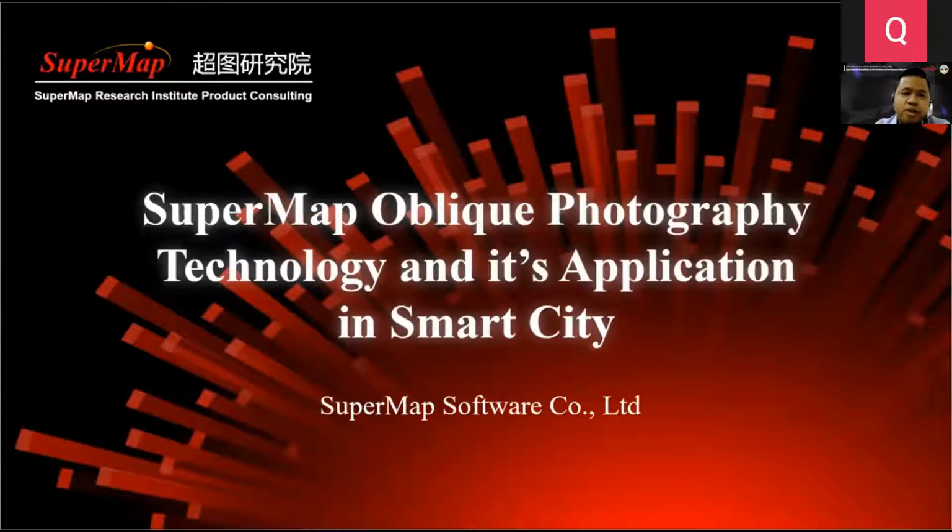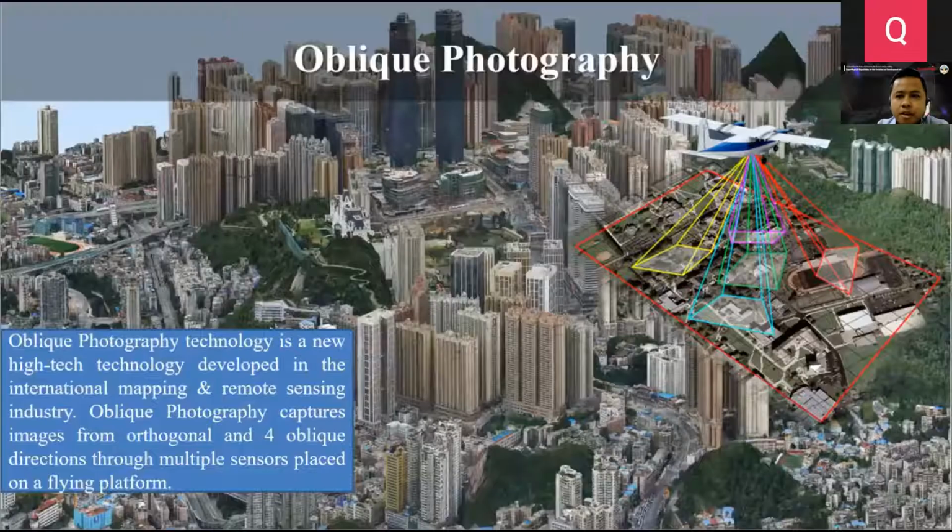So today, what I'm going to talk about is the SuperMap Oblique Photography technology and its application in Smart City. So actually, what is oblique photography? Oblique photography can capture the real world through multiple sensors using a flight platform, as shown in these pictures.